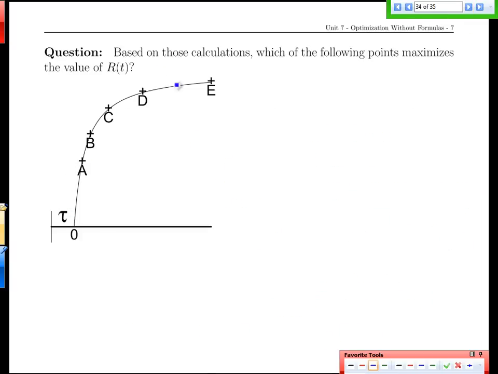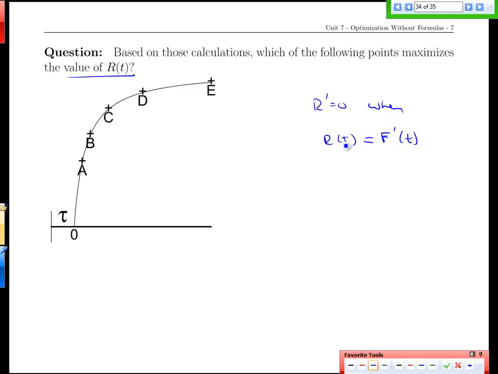So take a look at all these points here, and ask yourself, which of the following points maximizes the value of r of t? And we just said r prime equals 0 when r of t equals f prime of t. So think about that for a second, and then we'll go and look at it.